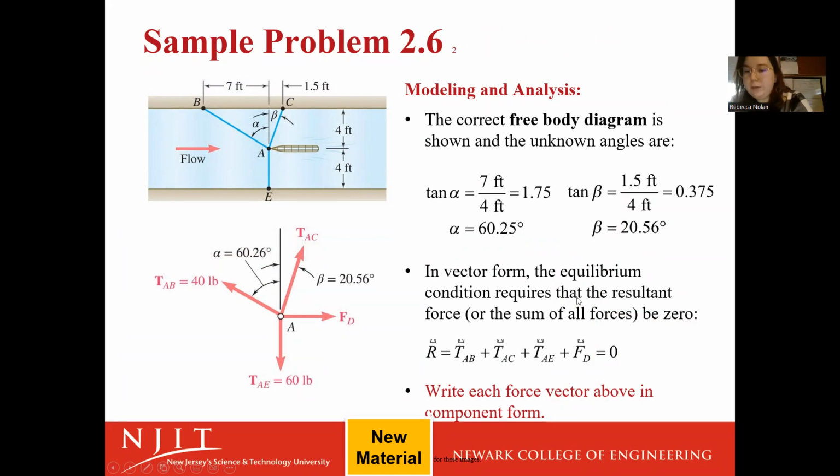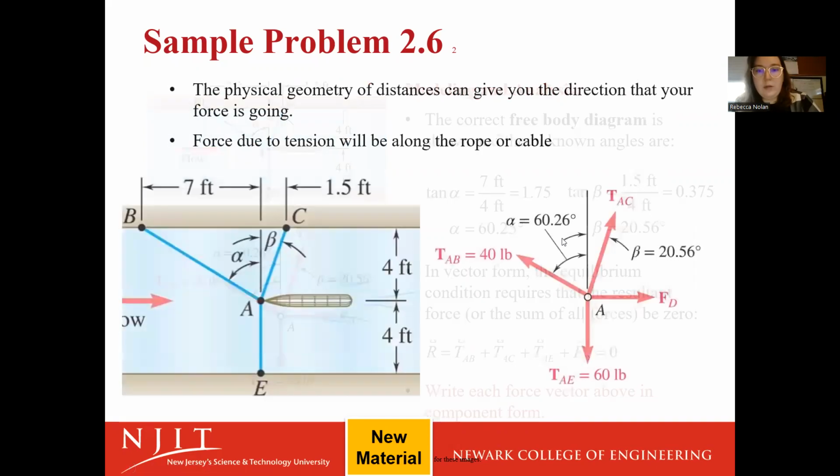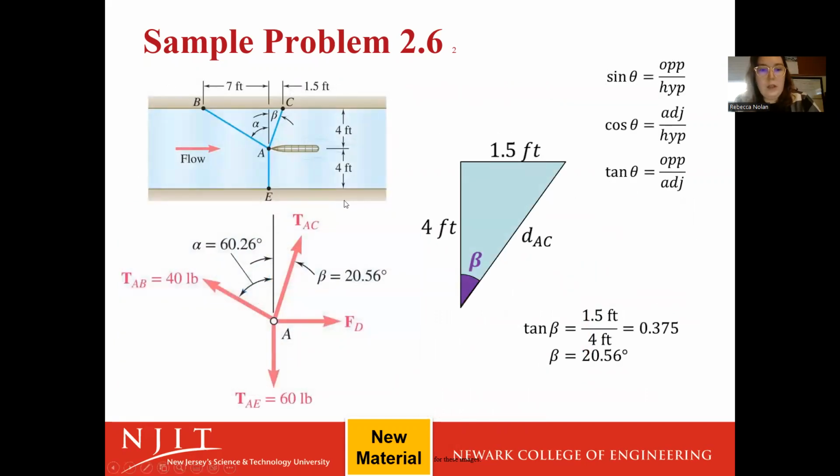In vector form, the equilibrium condition requires that the resultant force be 0. So this equation here is a resultant force. Make sure all those boxes are vector signs. Equals the tension from AB plus the tension from AC plus the tension from AE plus the force of drag. So then we can break them all up into their components.